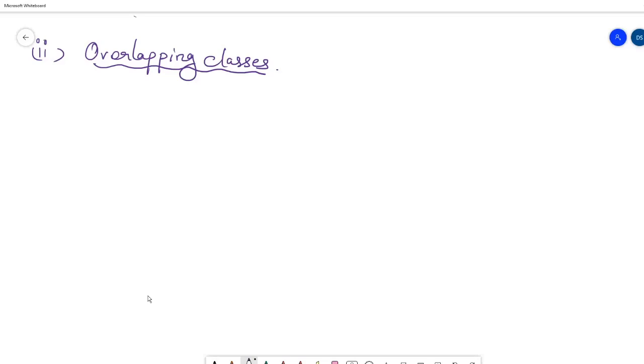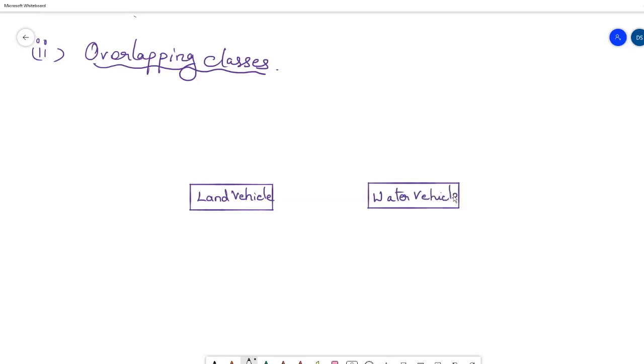Okay, let's take an example of vehicle. In the previous class I also talked about land vehicle and water vehicle. Now what would be the categories which would fall under this? It may have car, bike, and so many things.